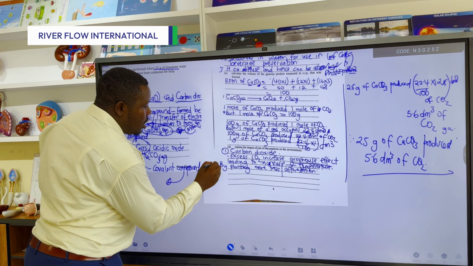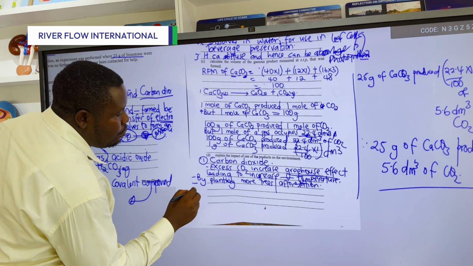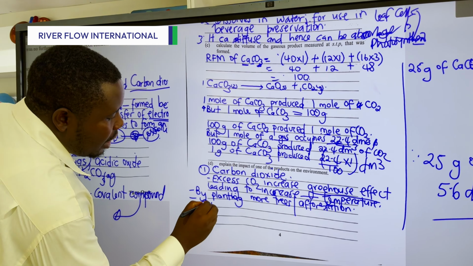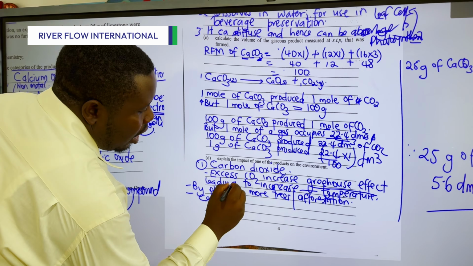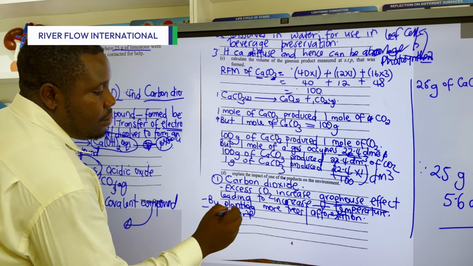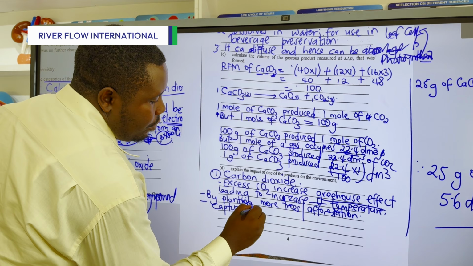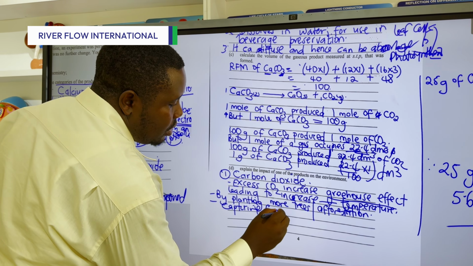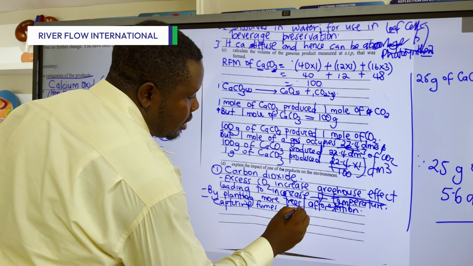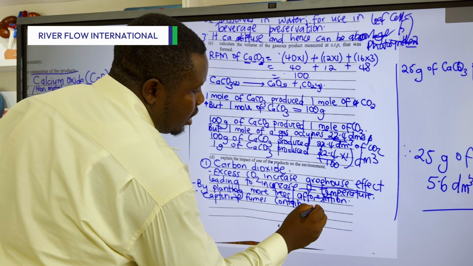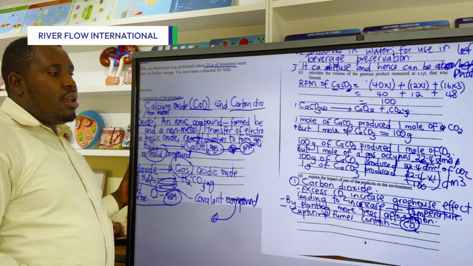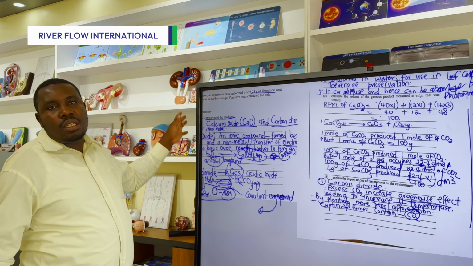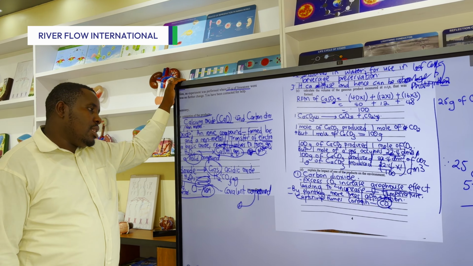Another mitigation is capturing the fumes containing carbon dioxide, such that it does not go into the environment. There are different technologies these days for this.